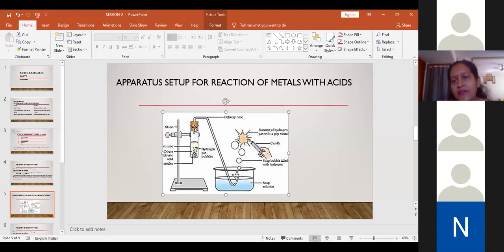The purpose of having the cork here is that the hydrogen gas which will be formed should not escape from the tube without any visibility. So to make the escape through only one channel, a delivery tube is attached through the cork. Now the end of the delivery tube is dipped in soap water.